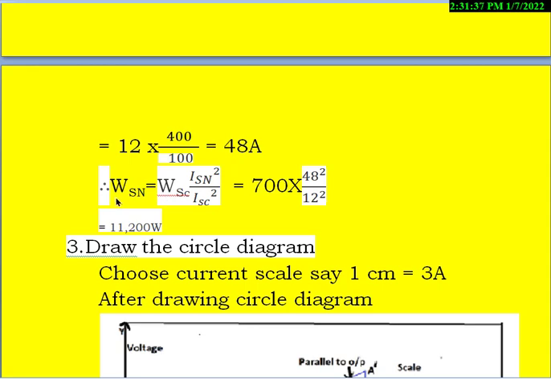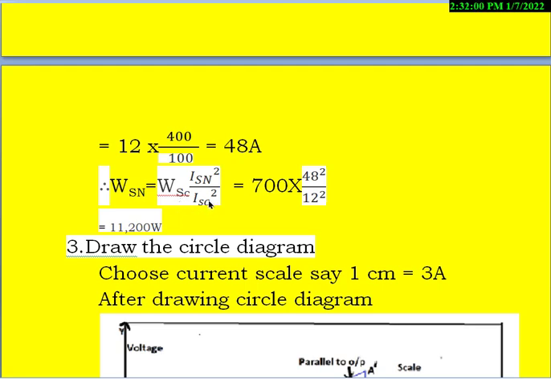Then once we know this, we can calculate the corresponding copper loss. When 48 amperes flows through the motor, the copper loss is mentioned as WSN, and we know WSC is obtained when the current flowing is ISC.